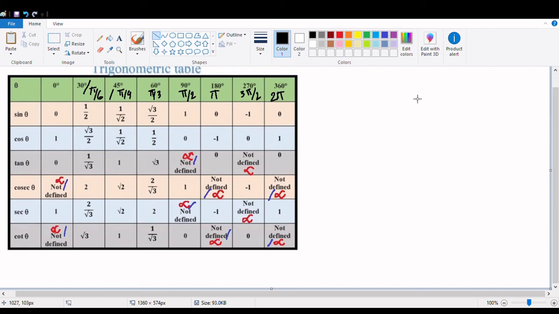So let me draw the axes, that is the y axis, for example, and here it is the x axis.